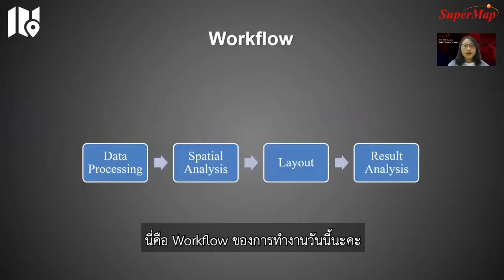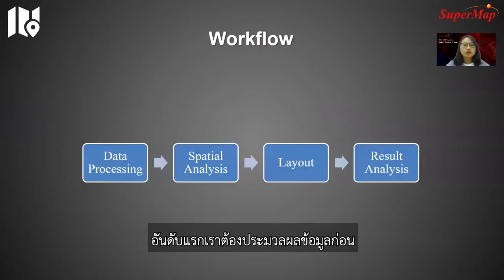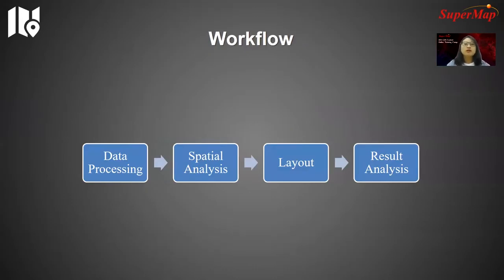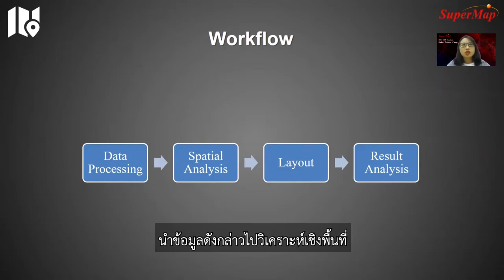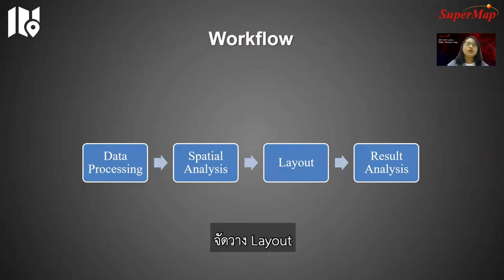So let's take a look at the workflow of today's work. Firstly, we should process the original data, and then use the data for the spatial analysis, and finally lay out the results, and finally analyze the results.